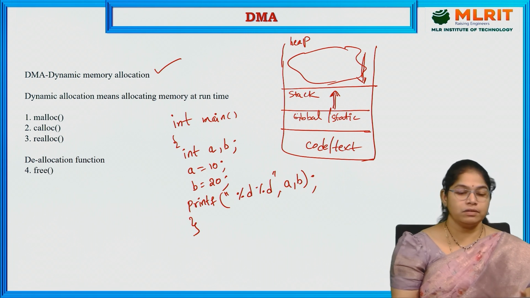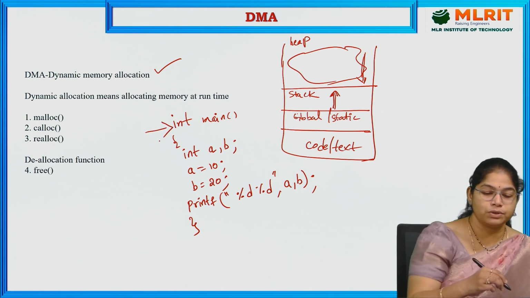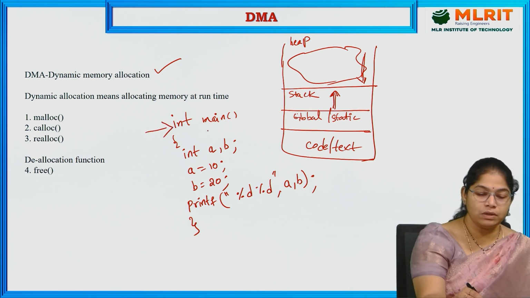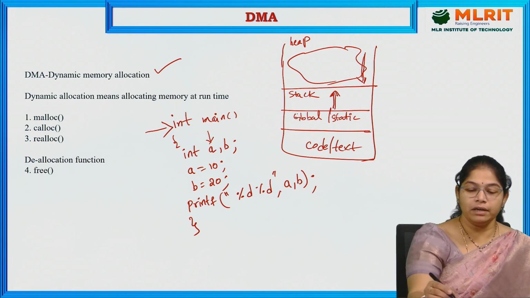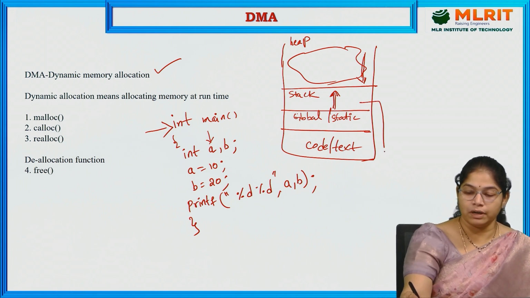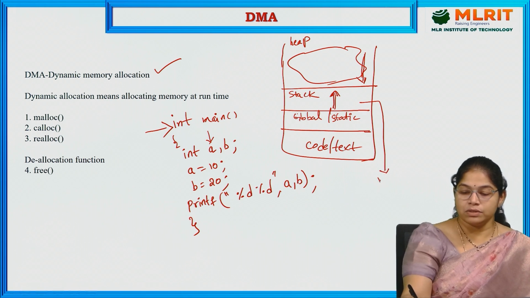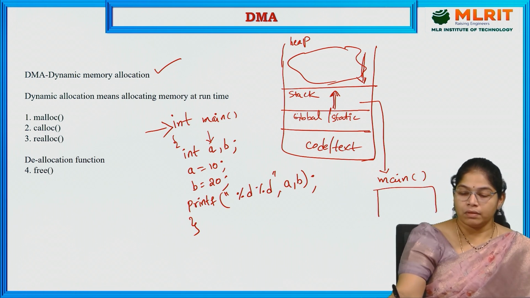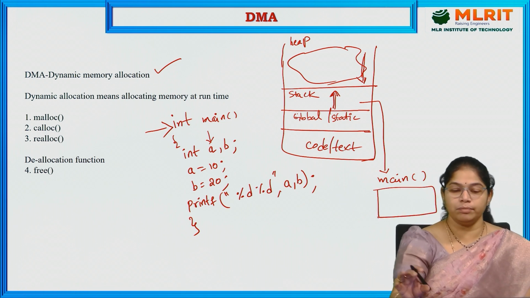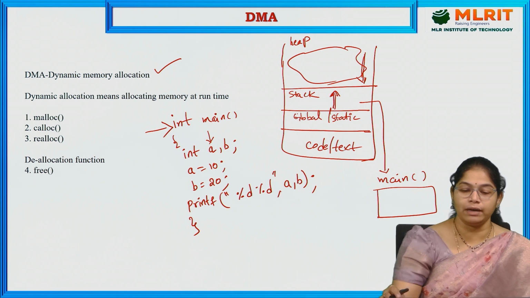If I run this program, first the control goes to the main function. In sequence we have the a and b values. The memory for these a and b values is allocated from the stack. In the stack, one stack frame is allocated to the function main. Consider this as the segment allocated to main from stack memory.